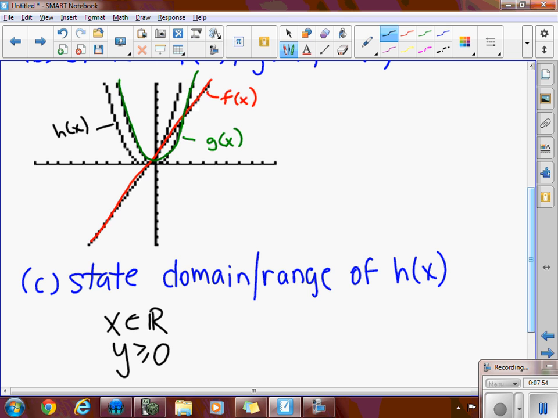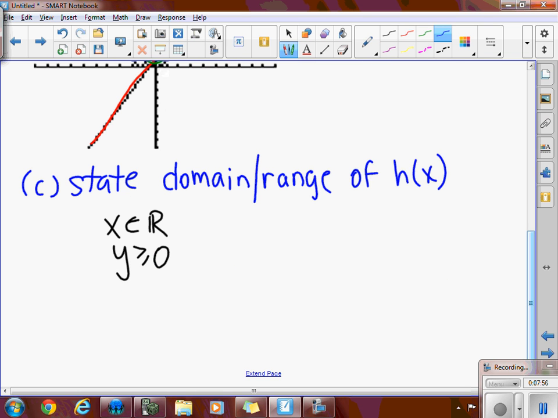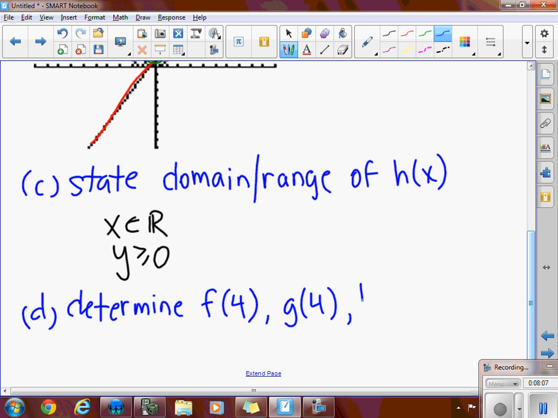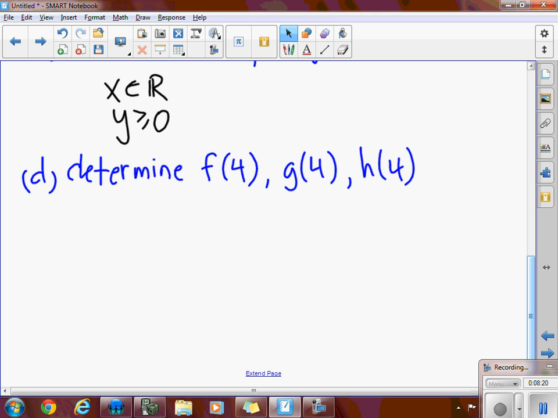Great. One last question that I said we'll put here, D. Determine f of 4, g of 4, h of 4. Now we looked at that earlier in the year as well. We've been using this terminology quite a bit. We were trying to find out the f function when I put an x in at 4, the g function when I put an x in at 4, and the h function.